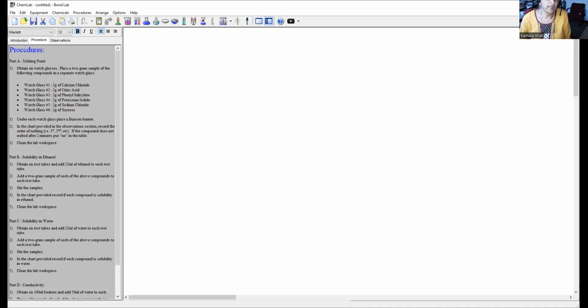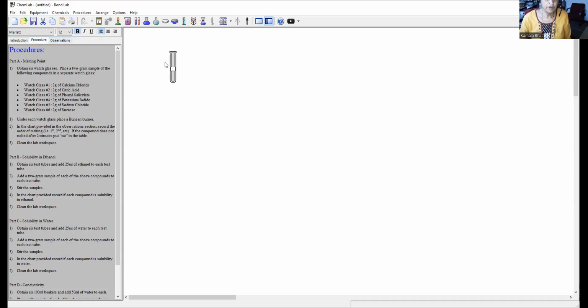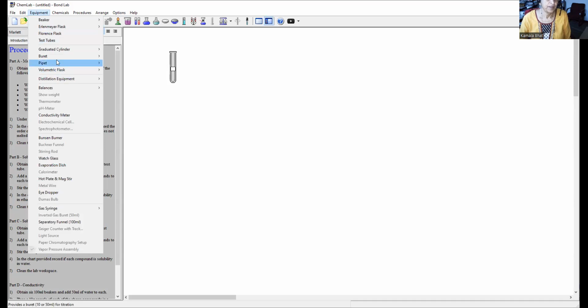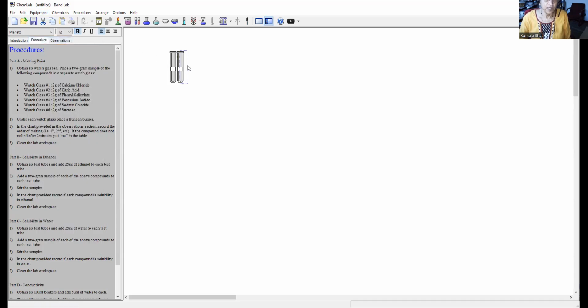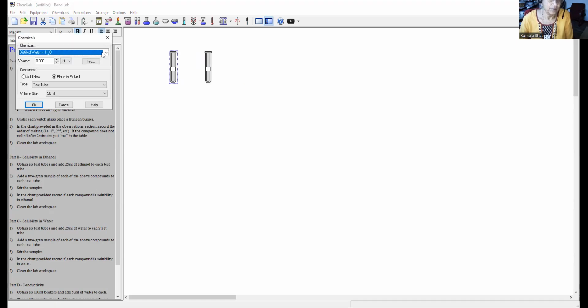Next, you get 2 test tubes. Per sample, you get 2 test tubes. Keep them apart so that you know, first you add 2 grams of the compound in each test tube.